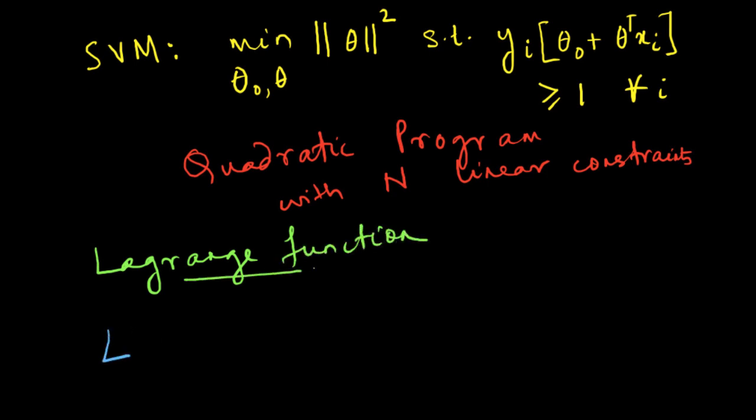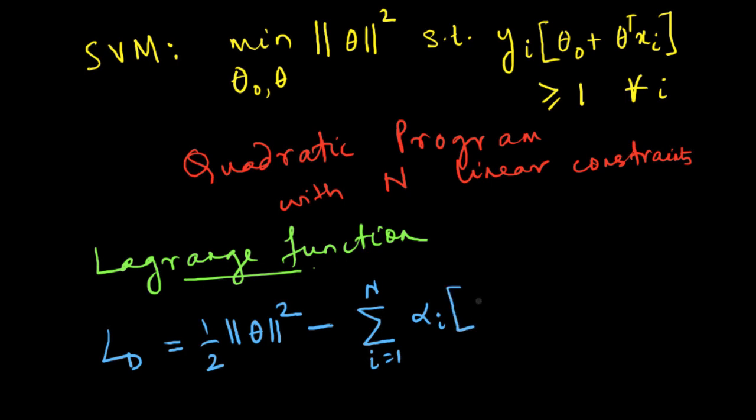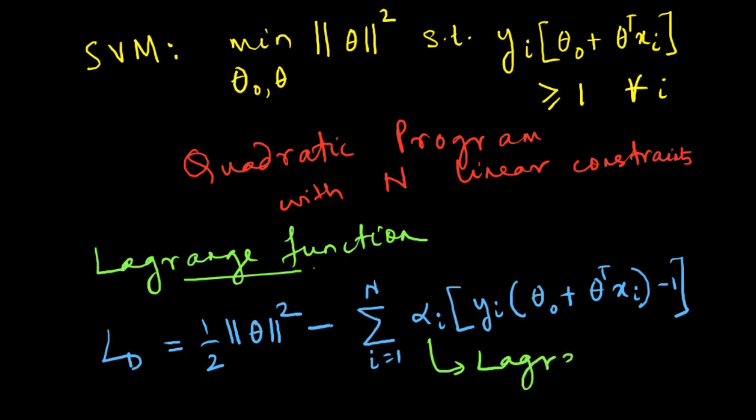You define this function LD is equal to half of norm theta whole square minus summation i is equal to 1 to capital N of alpha i times yi into theta naught plus theta transpose xi minus 1. These alpha i's are called Lagrange multipliers.